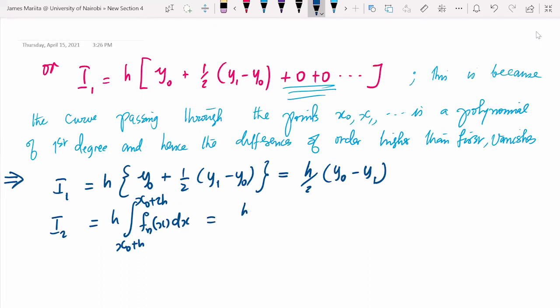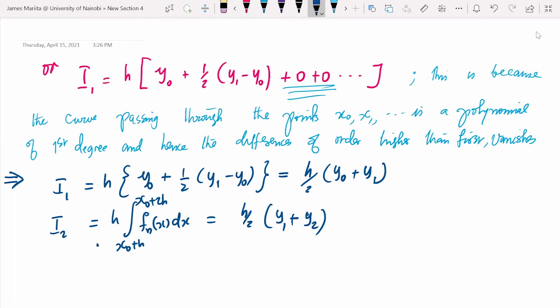And this will be, again, h over 2 times y1 plus y2, because when you open these brackets, this will be a half y1 and then y1, a half y1 minus a half y0. So y0 minus a half y0 is a half y0. So it's y0 plus y1. So this will be y1 plus y2.